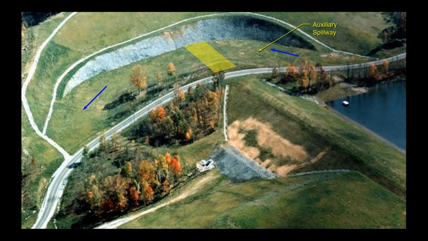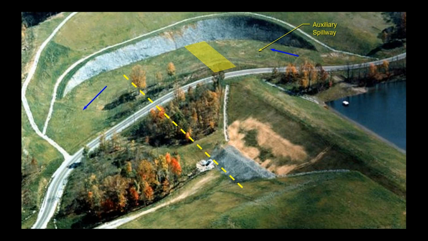So flows approaching the control section are subcritical. As they pass over the control section, which is the highest point in the spillway, the flow will accelerate, it becomes supercritical, and then it discharges down the outlet channel of the spillway, which is normally also a 2% grade.